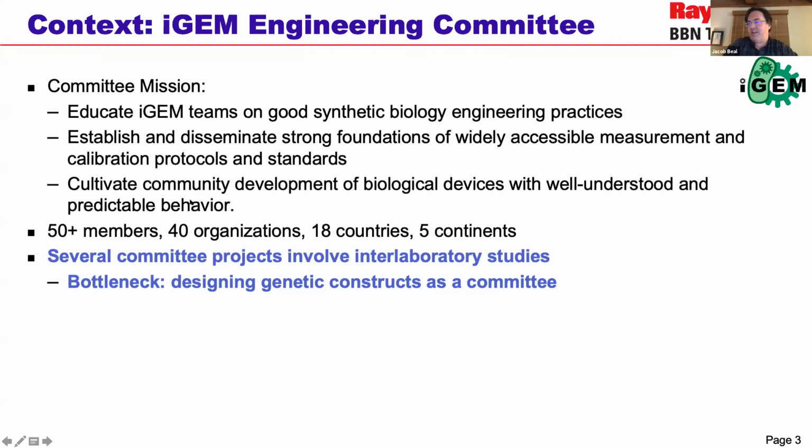And this last one about the work that we're doing on devices, that's more forward-looking. The big problem that lots of people have in iGEM, but actually in all of our labs too, is fundamentally we want to hook up a promoter to a device, to something else, and have a good prediction about what's going to happen, and be able to take the projects that other people have done and put them together.